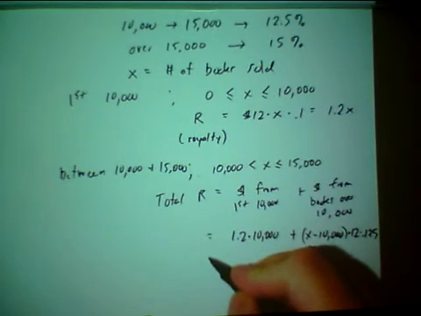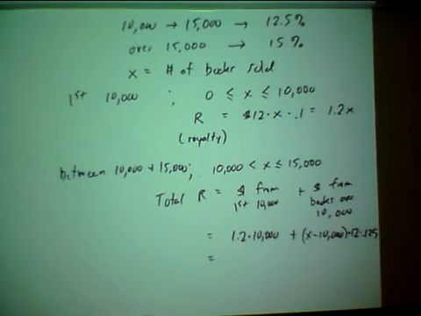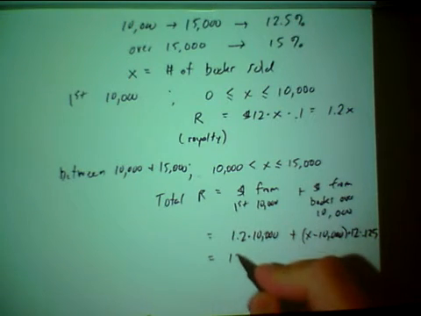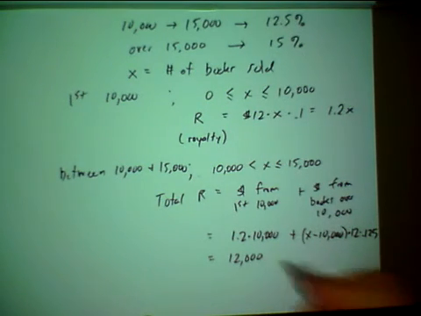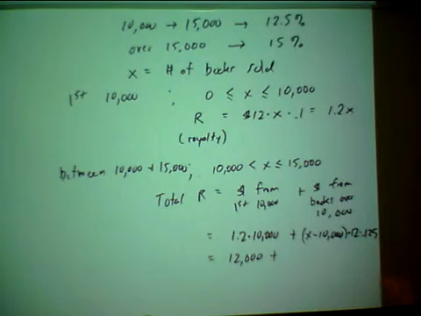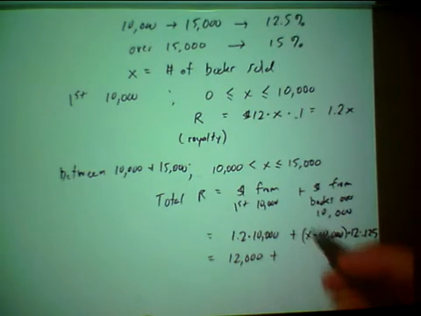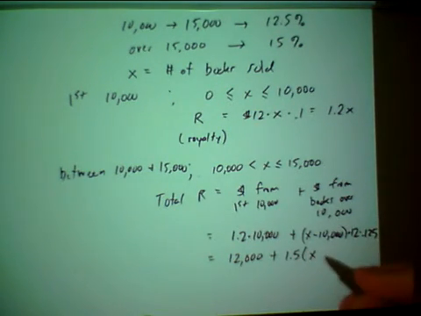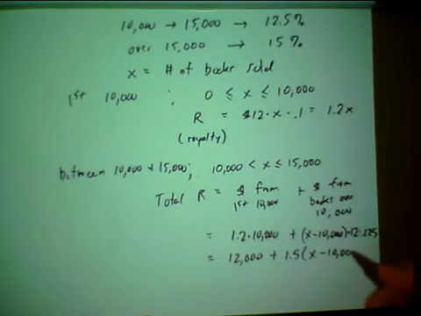So now if I start working out this equation, 1.2 times 10,000 is 12,000. 12 times 0.125 equals 1.5, and I'll move it in front of the parentheses, so 1.5 times x minus 10,000.